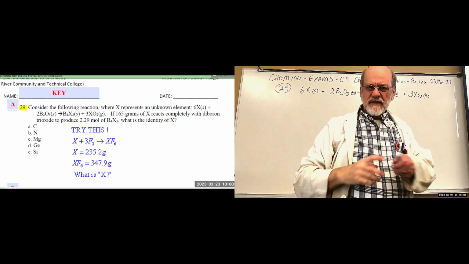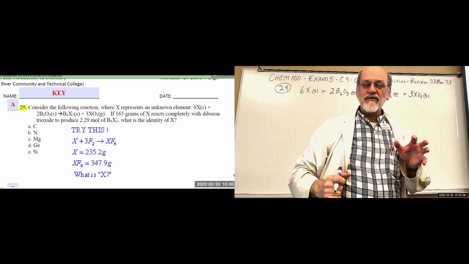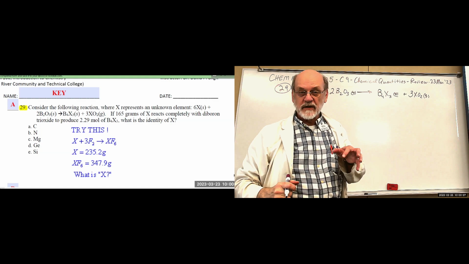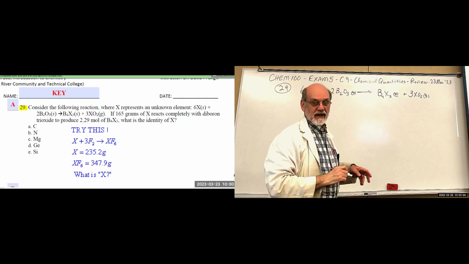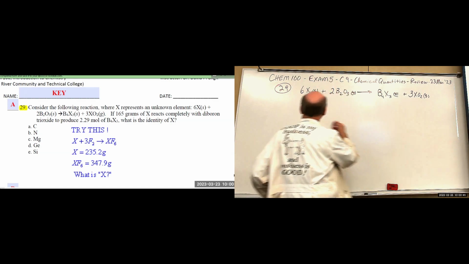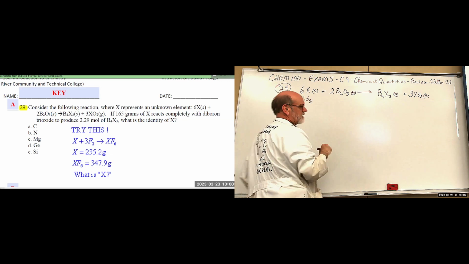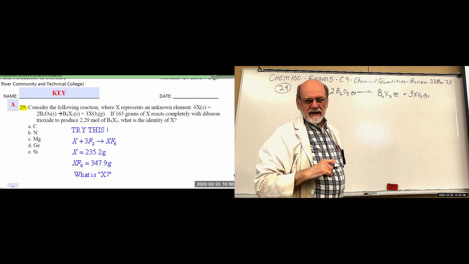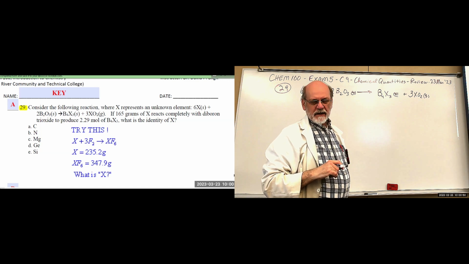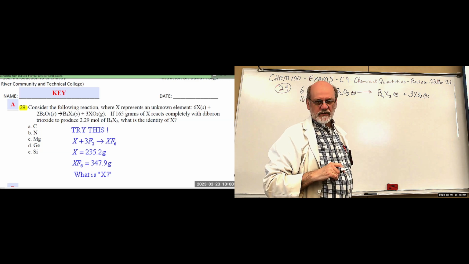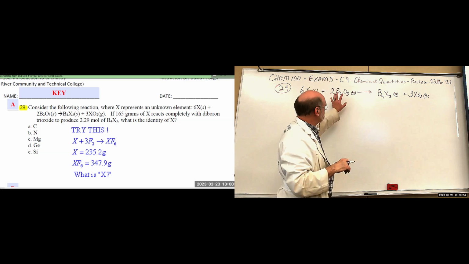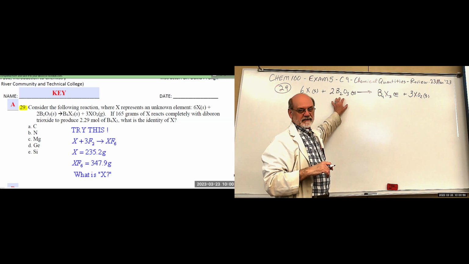And we're told that 165 grams of X reacts completely with diboron trioxide, which means that this is excess. There's plenty of it.